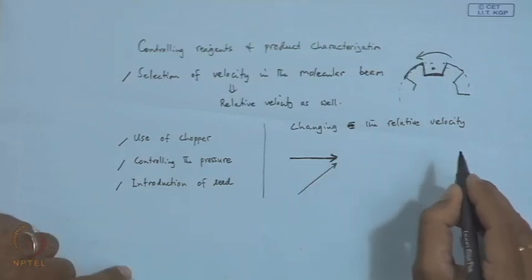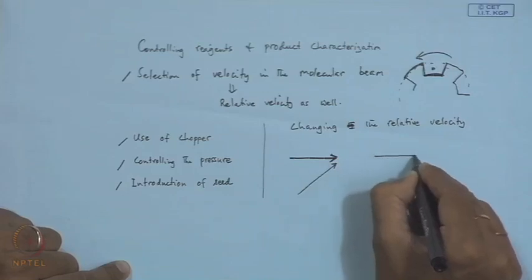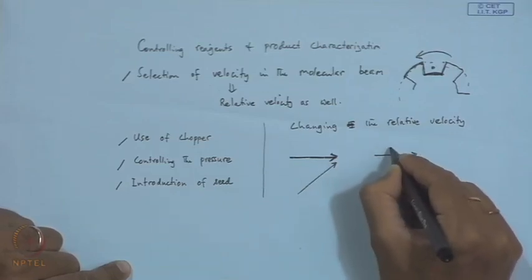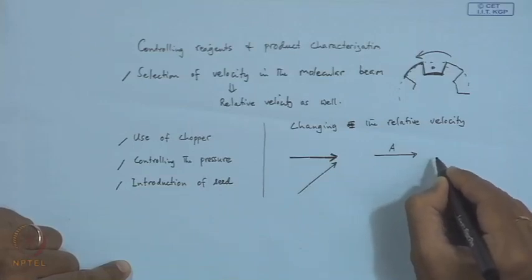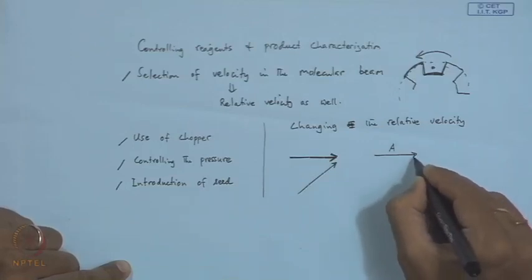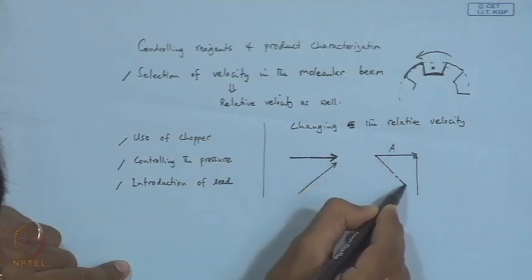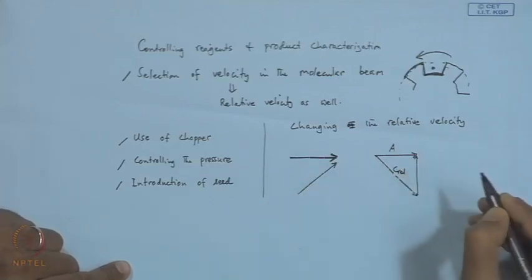So, in that case, suppose this is your A, and originally this was your B. So, your relative speed is this, C relative.